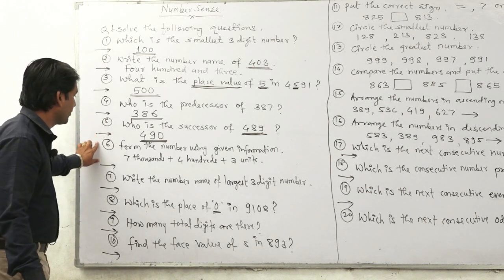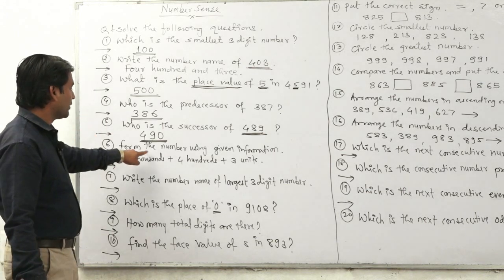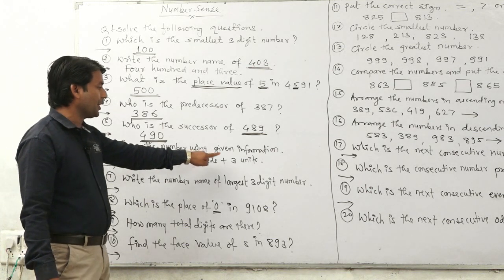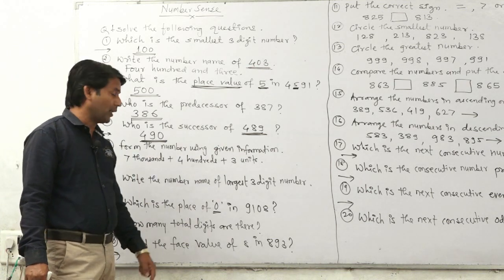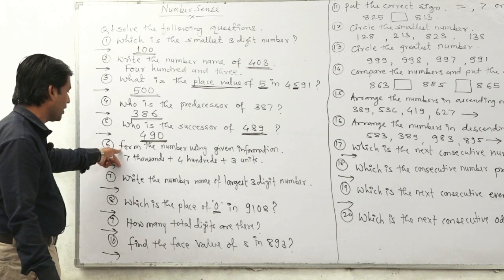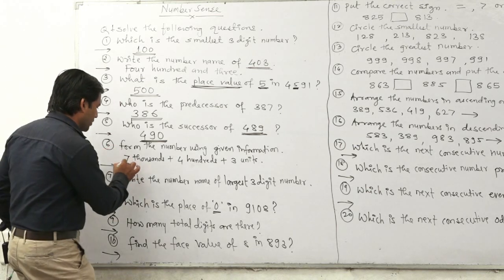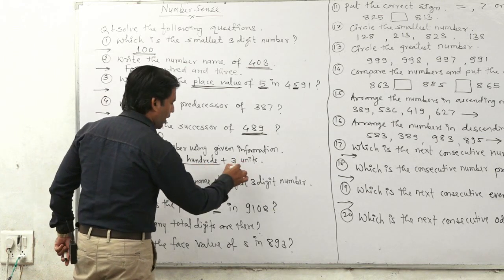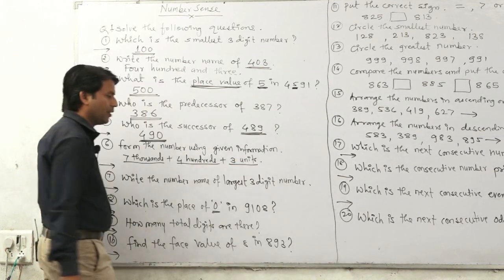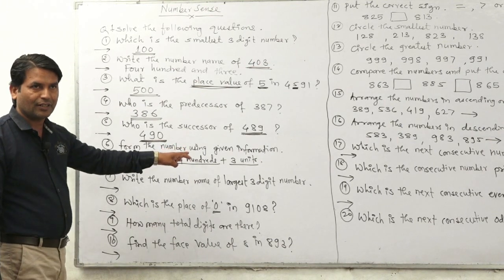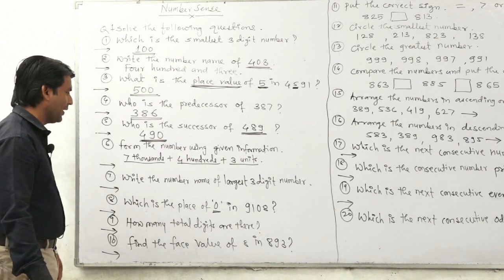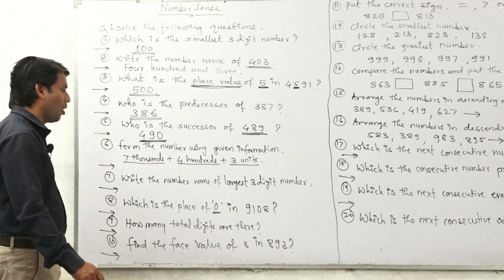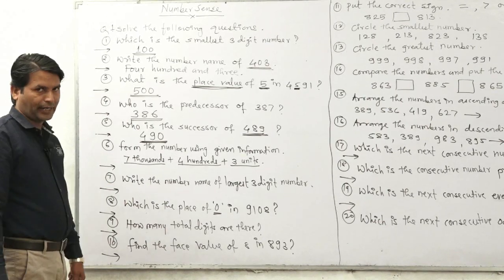After that, the sixth question: form the number using the given information. So what information is given to you here? 7,000 plus 400 plus 3 units. The information is given here and we have to form the number by the given information.